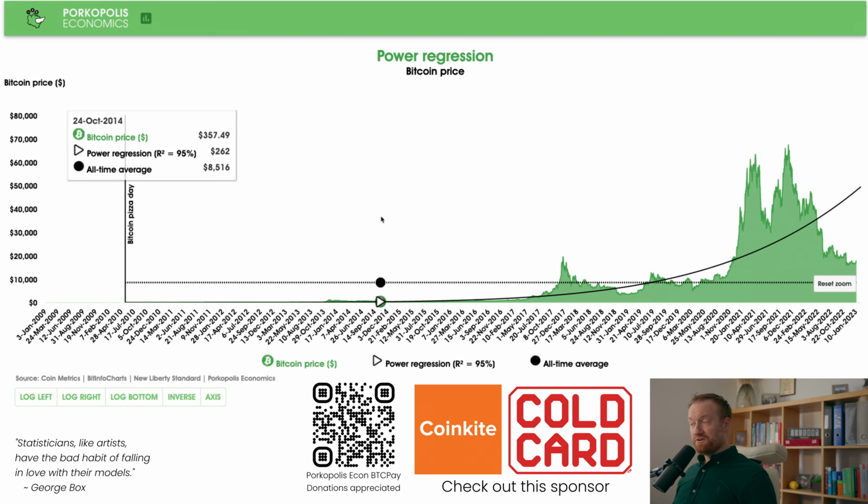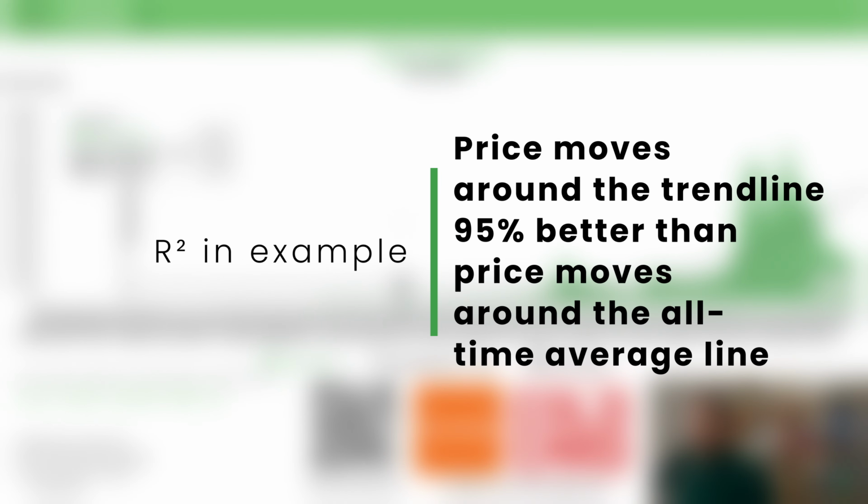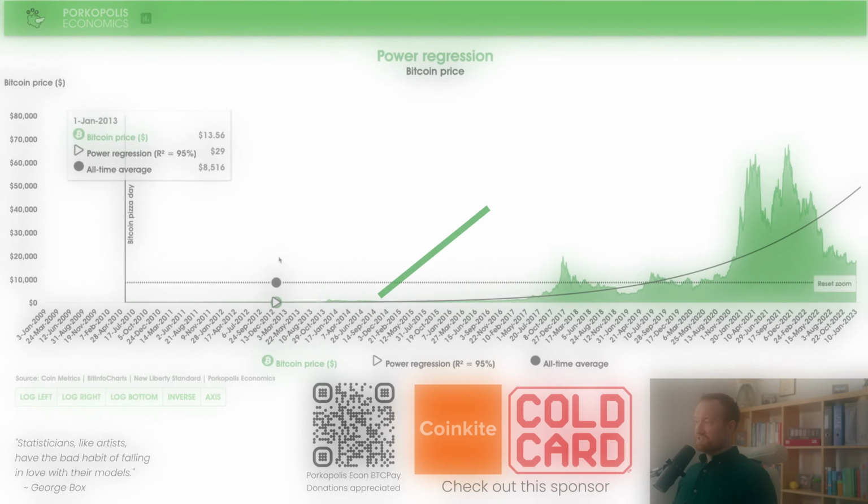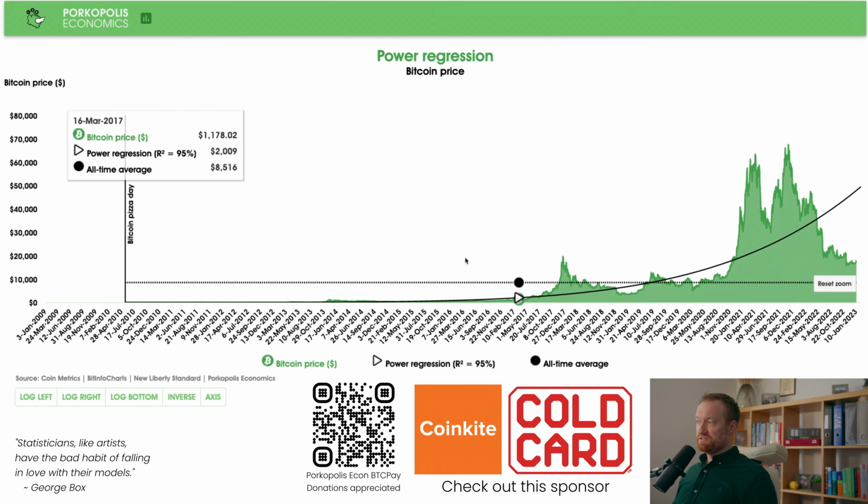But how much better? Well, 95% better. That is the interpretation of R squared. The variance is 95% less around the trend line than when the price moves around the mean, because it only crossed the mean a couple of times in Bitcoin's all-time history, but it crosses the trend line and hugs the trend line much more and much better.